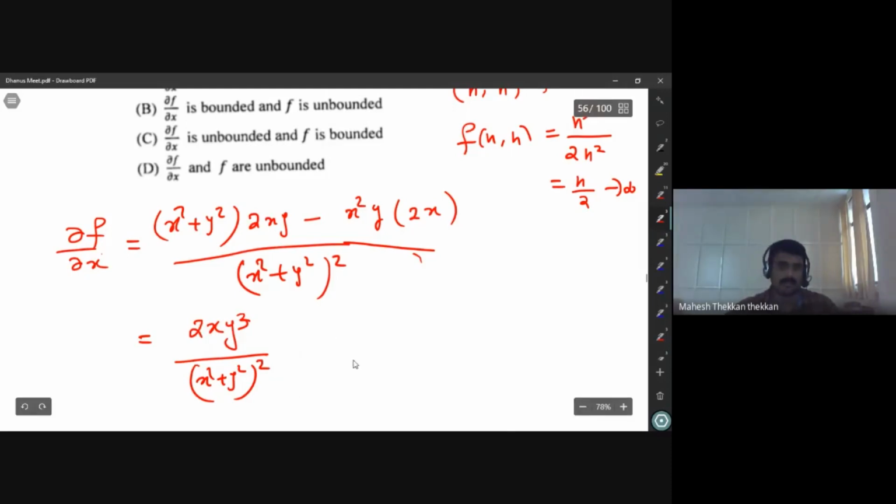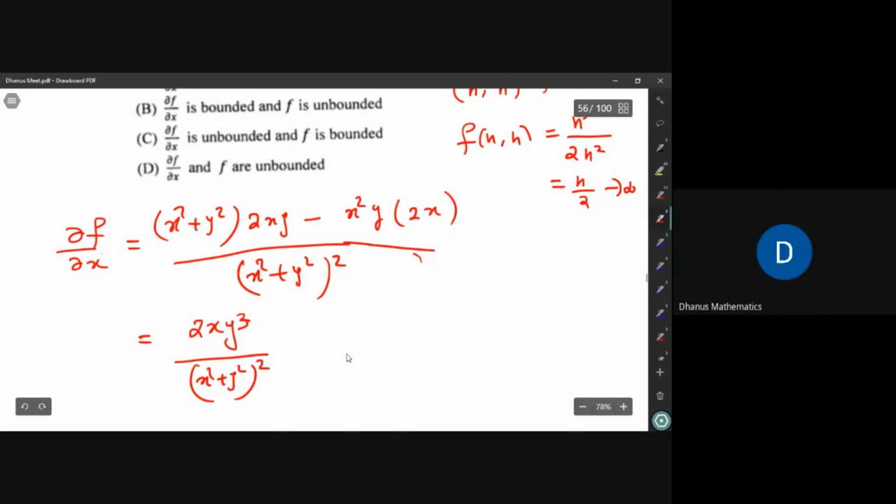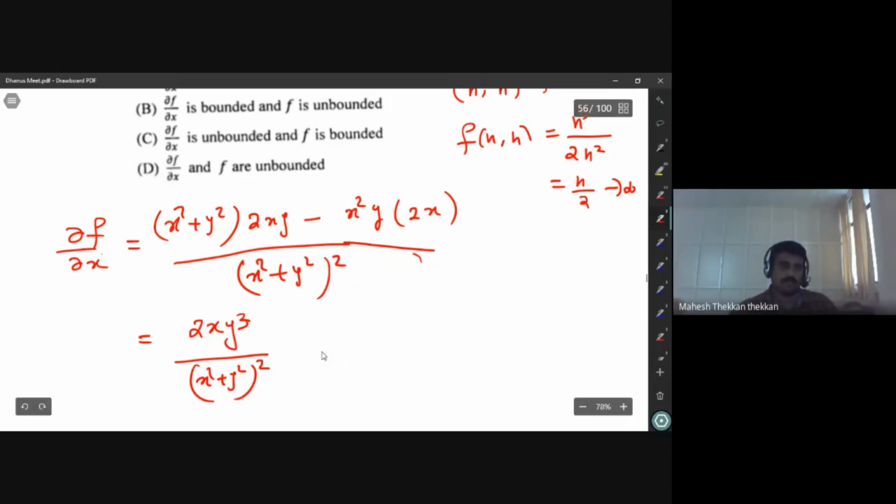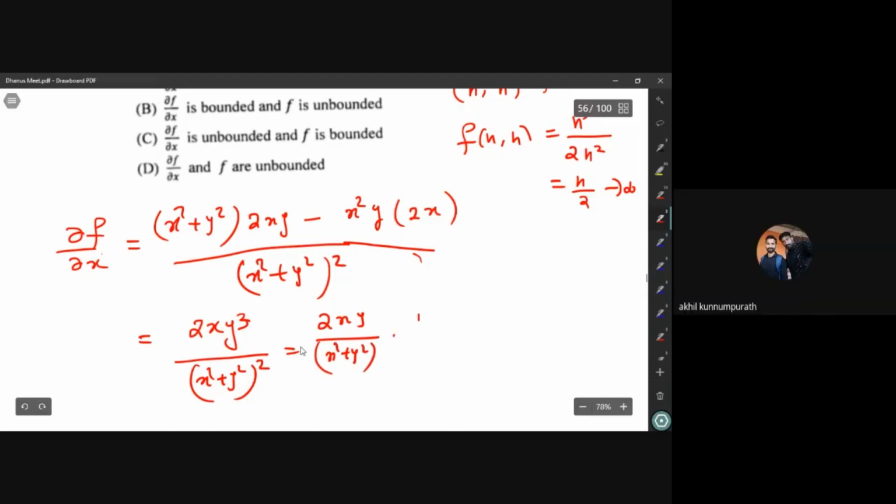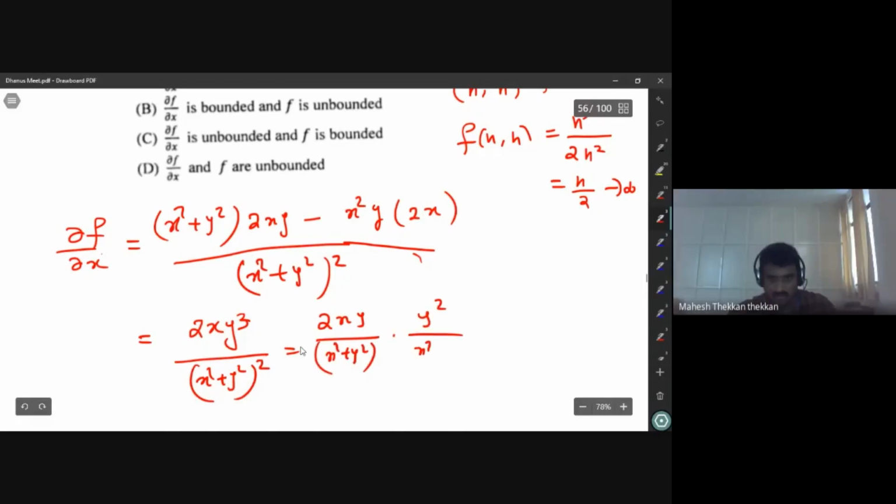One thing I can tell you is that you just put it in this way. This you can write as 2xy by x square plus y square into y square by x square plus y square.